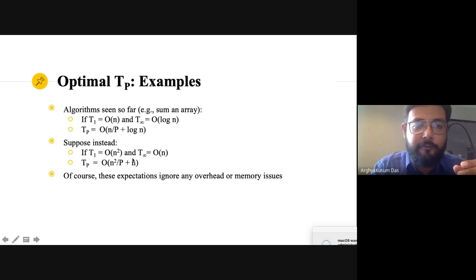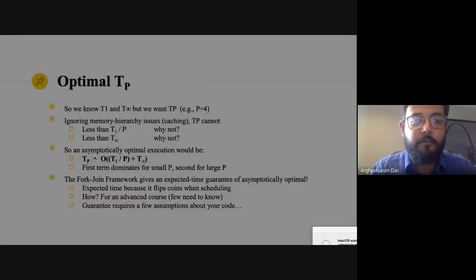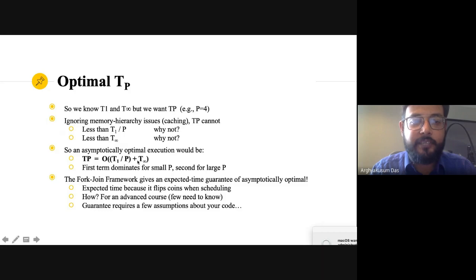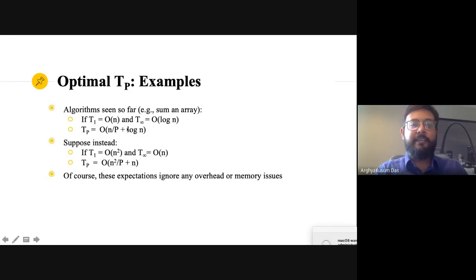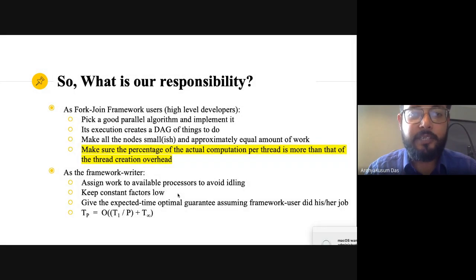At that time, TP will be bounded by n square divided by P plus n, using the formula T1 divided by P plus T infinity, or in the case of sum, n divided by P plus log n. And of course, we are ignoring all the overhead and memory issues.